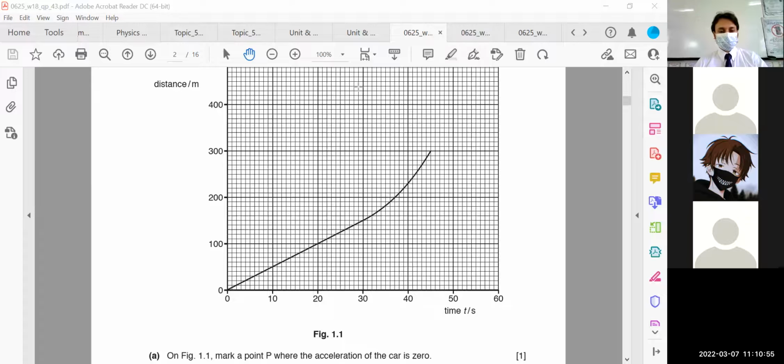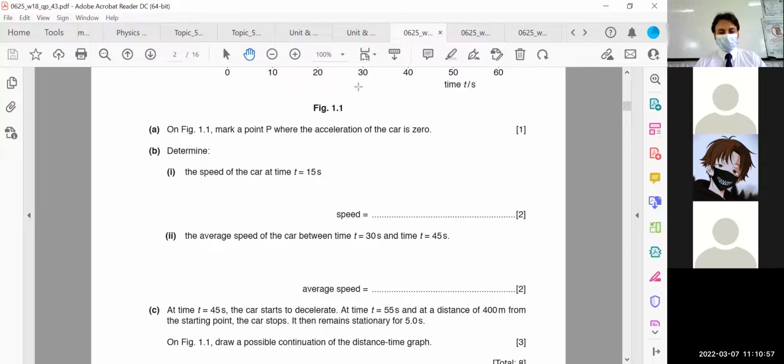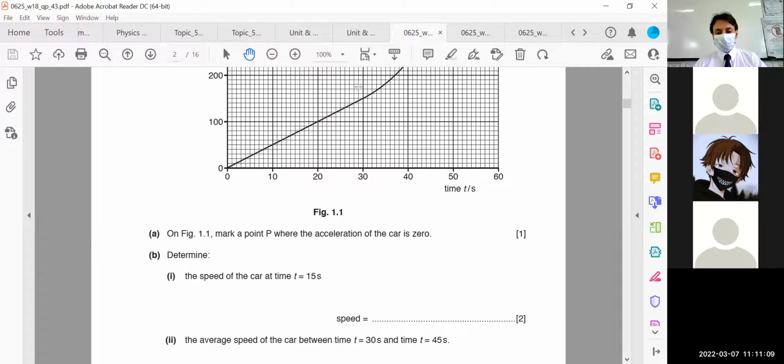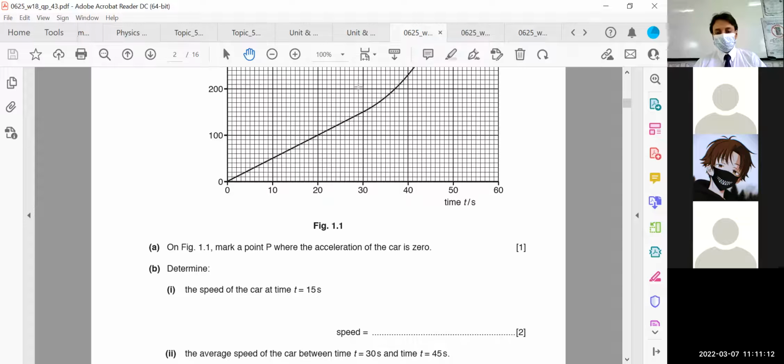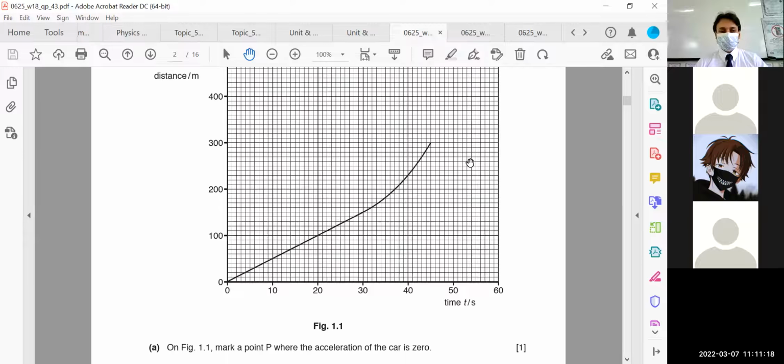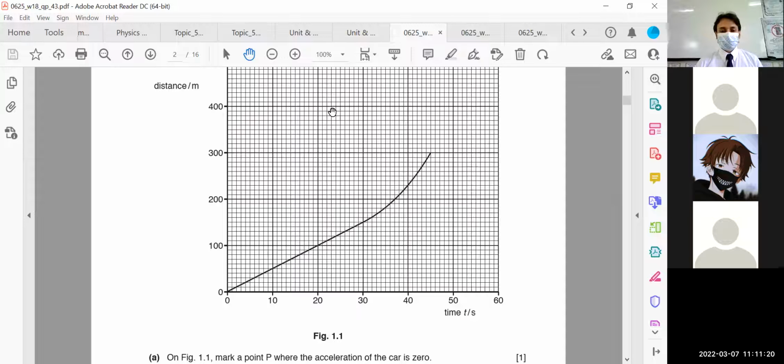Next one. The average speed of the car between time 30 seconds and time 45 seconds is what? Average speed of the car between t equal to 30 seconds and 45 seconds, children.